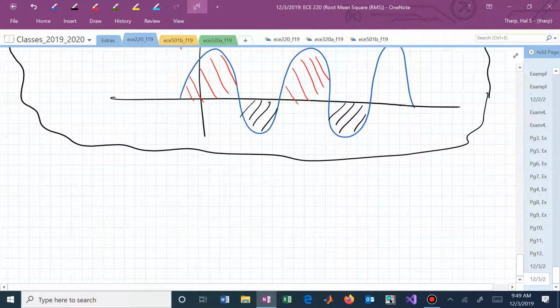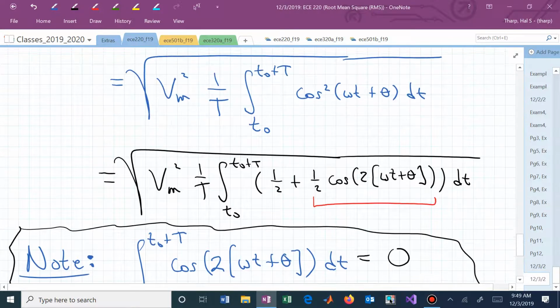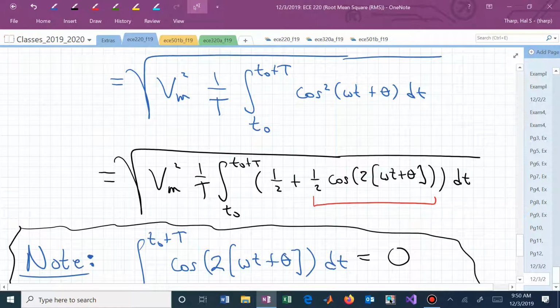That means then that Vrms for this sinusoid is, can I go ahead and take the v sub m squared outside the radical and just call it v sub m?